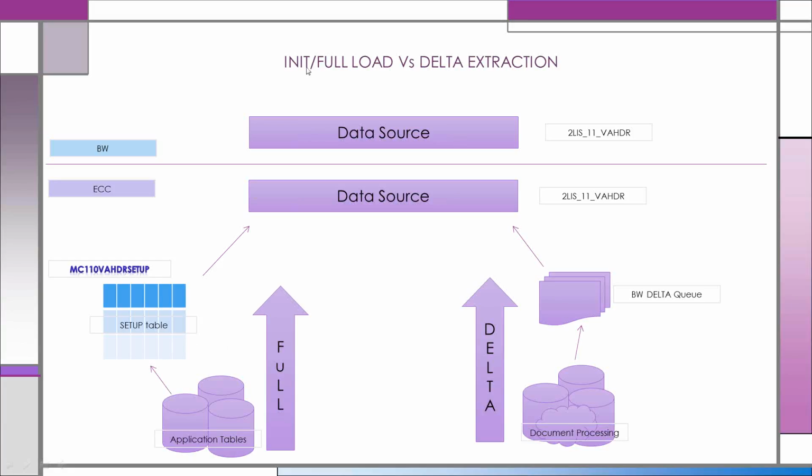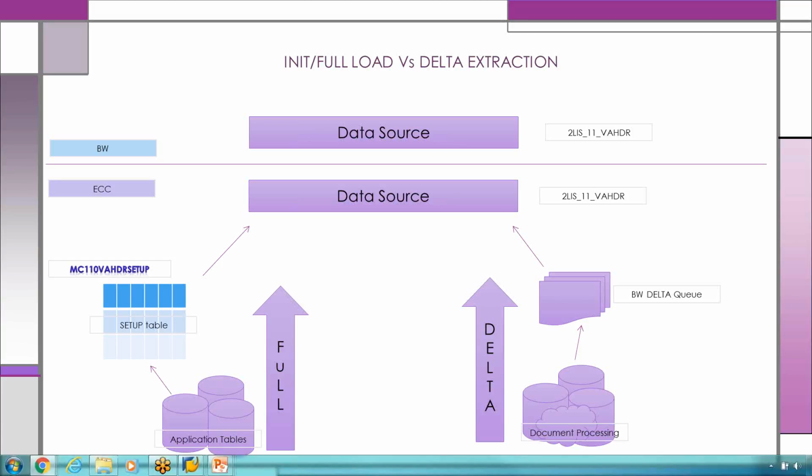So in the initial or full load, from the application table, data is stored into something called the setup table. The setup table is a temporary table. MC11 represents what type of data source it is, which you will know when we go to the system.